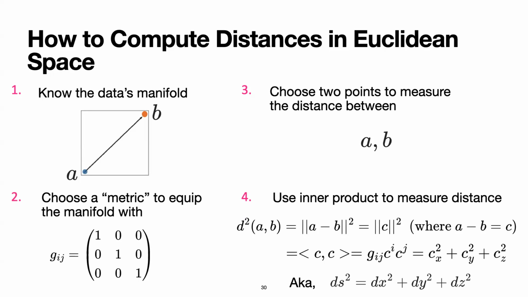If you don't understand Einstein's notation, just know that this is the key element where our metric is influencing distance on the manifold. And because our metric is nice, it just gives us this very familiar notion of distance. And this is another way that people describe the metric. If you don't know what this is, just ignore it, but I only put it there for people who would find it useful.